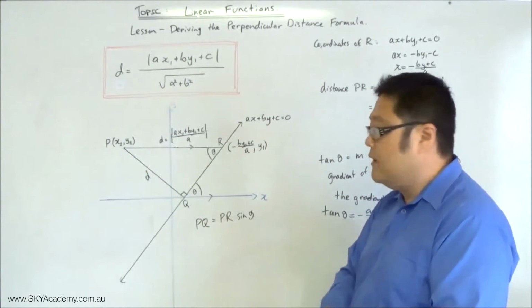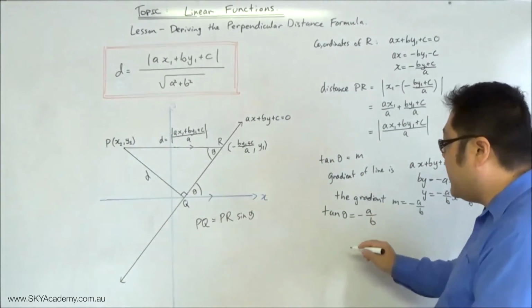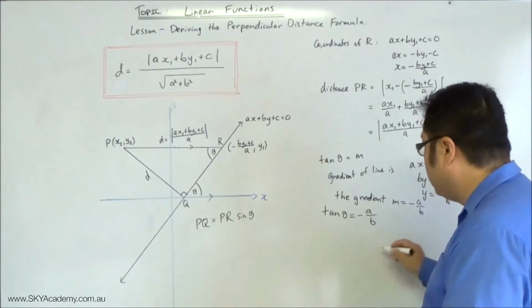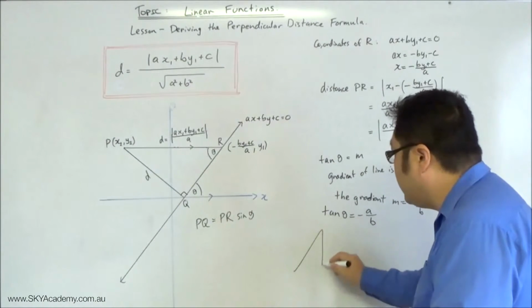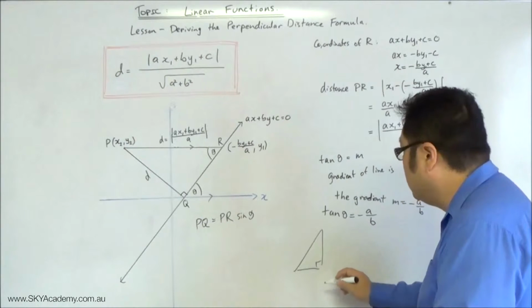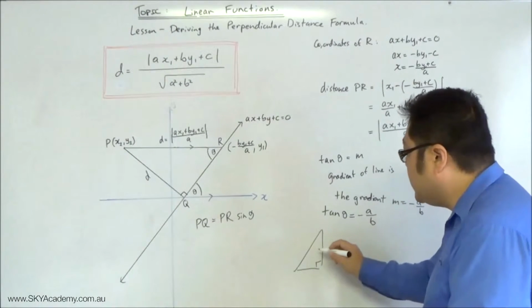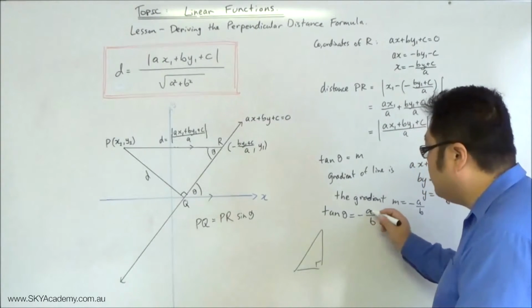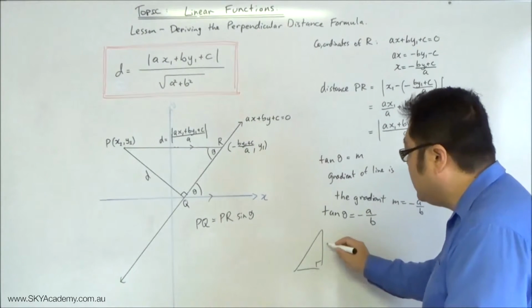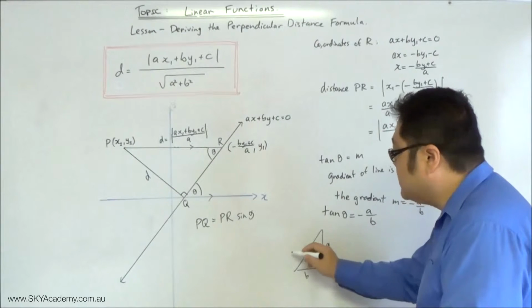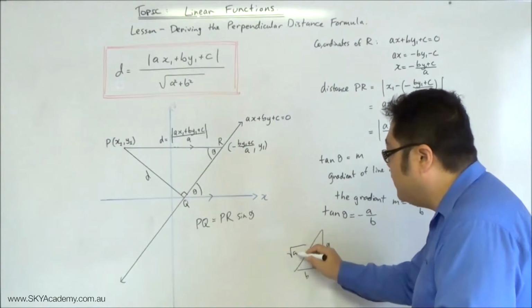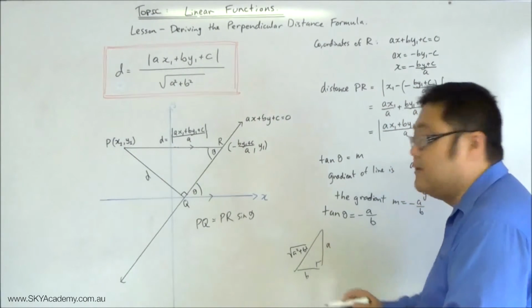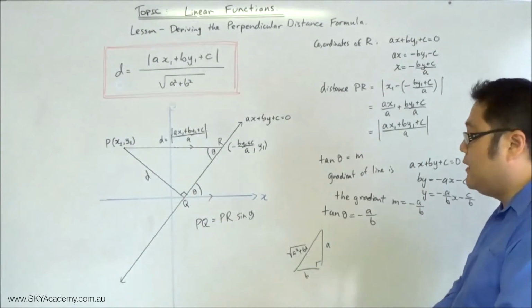Got that? Now, if the tan of theta is minus a on b, if we draw a right angle triangle where the opposite side over the adjacent side is a on b, the other side would be the square root of a squared plus b squared. Does that make sense?